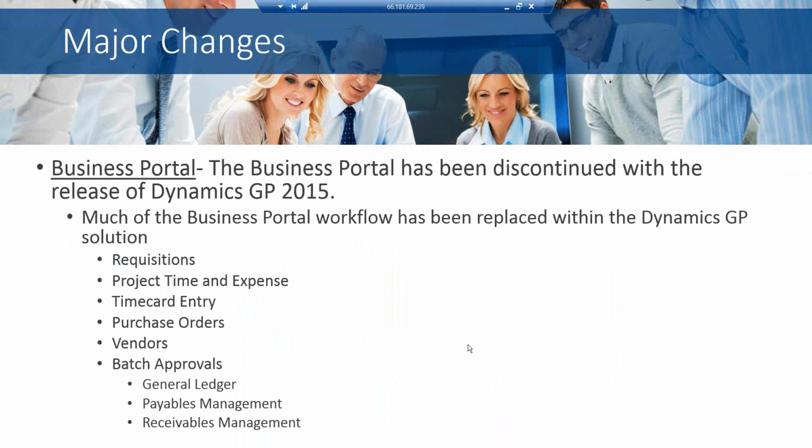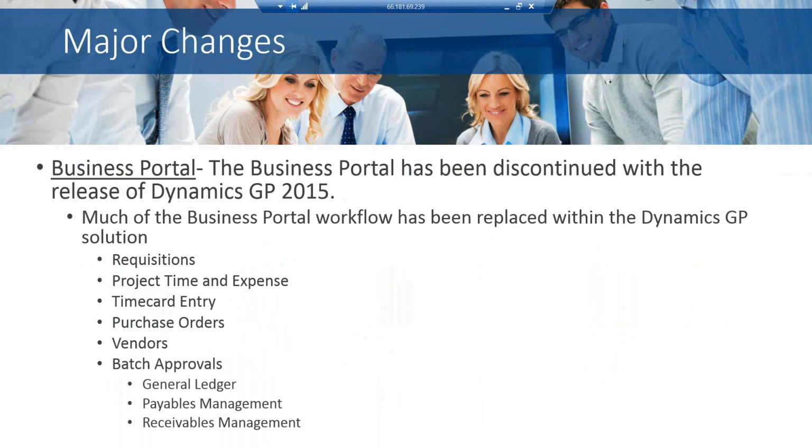So I wanted to talk about some of the major changes. And this may affect a number of you. The business portal has been discontinued with the release of Dynamics GP 2015. So for any of you that were using requisition management, order management, time and expense, time and attendance, any of those workflow tools that you may have been using in the past, when you upgrade to GP 2015, you're going to have to move to a different option for that.